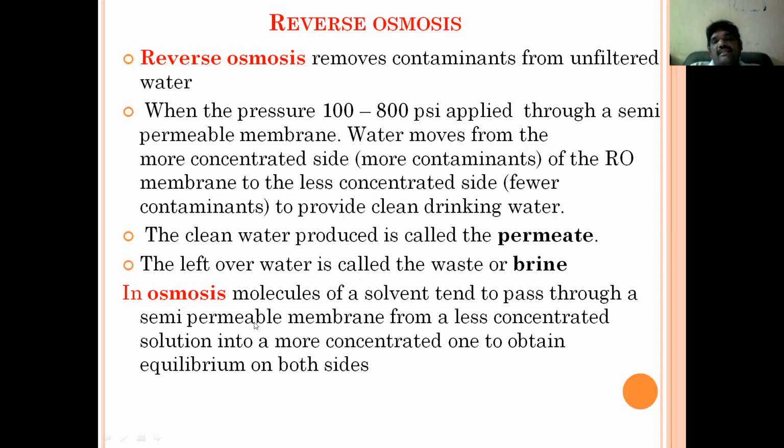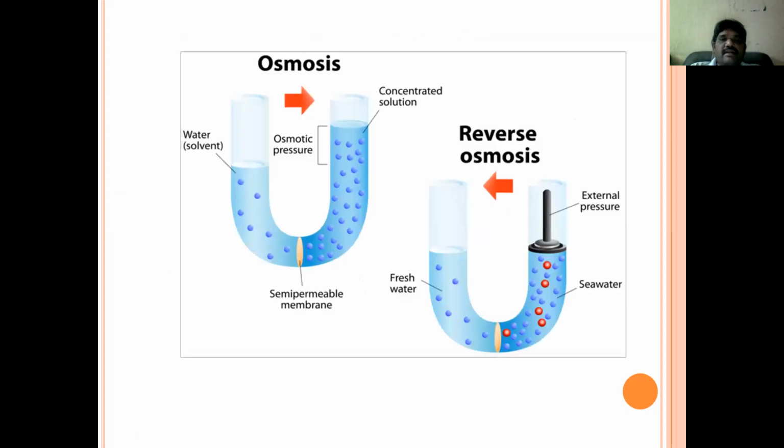See here, normally what happens in osmosis? This is also explained to you. Already you got the point. Water moves from the low concentrated to the high concentrated zone through a semi-permeable membrane. This is normal osmosis. But in reverse osmosis, the water is moving because we are applying pressure.